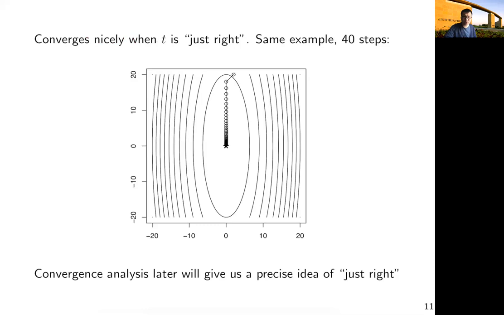Okay, so the question is, for each problem separately, how do we choose this learning rate appropriately so that we can guarantee that we converge to the optimal solution as fast as possible with a fixed learning rate. So that's something that the convergence analysis of this algorithm will teach us how to set. Okay.